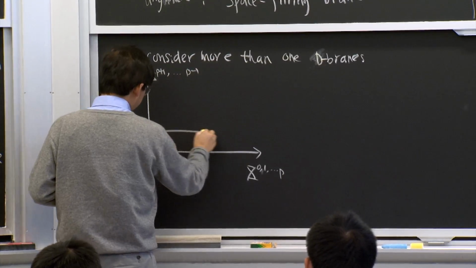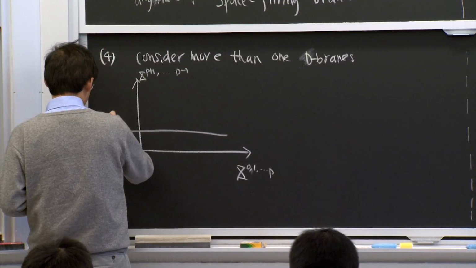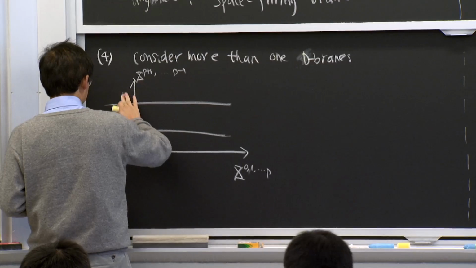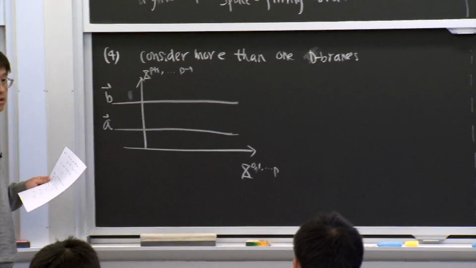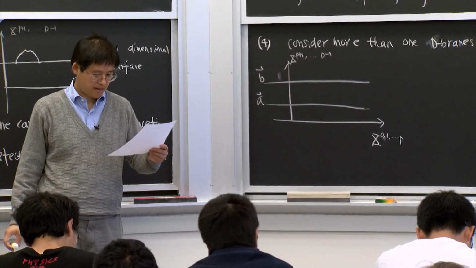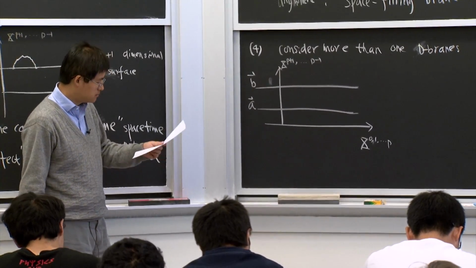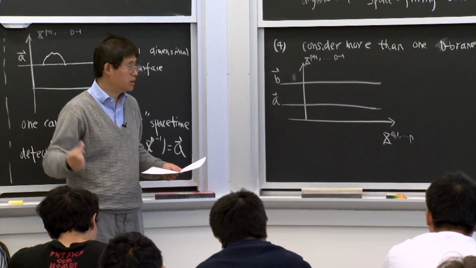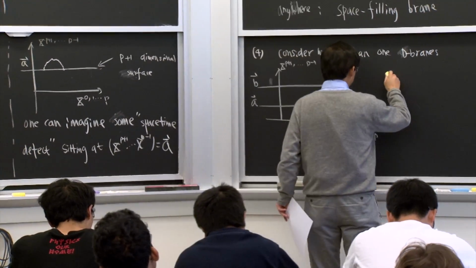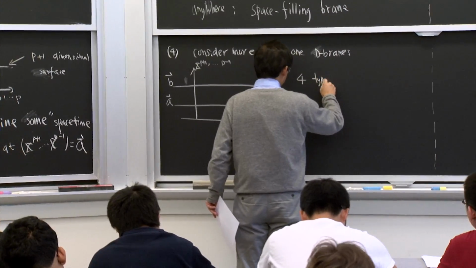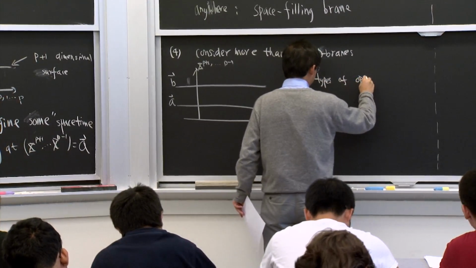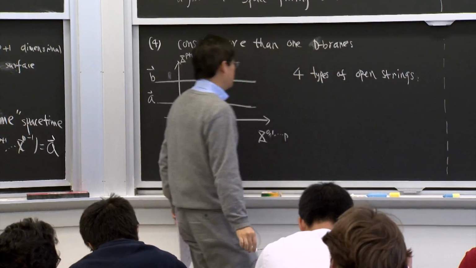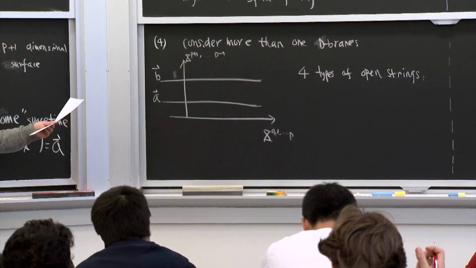So suppose you have a brane at A, and another brane at B, at the vector specified by B. Okay. So now in this case, we can have 4 types of open strings.